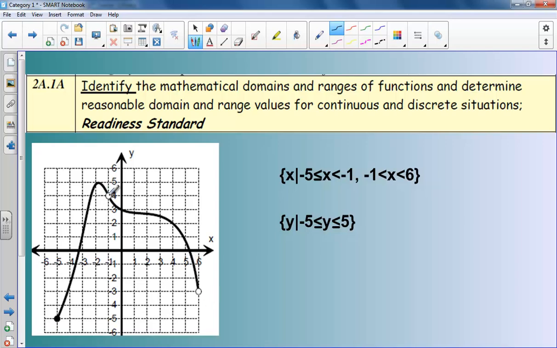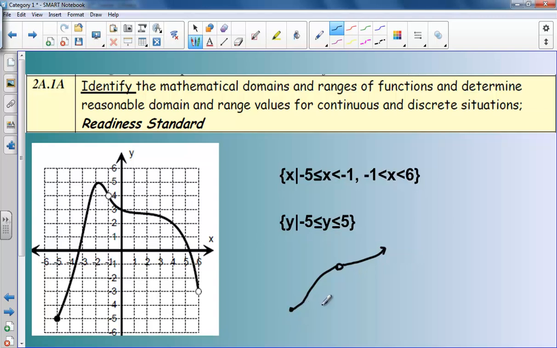One I wanted to talk about is we had something kind of similar to this on the last district test also. The one on that test went off with an arrow right here instead of stopping. It had a closed circle here, had an open circle here, and then it went off like so.